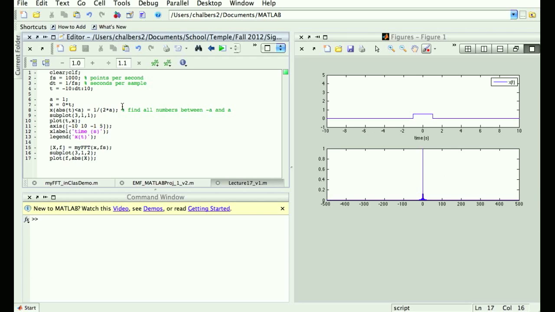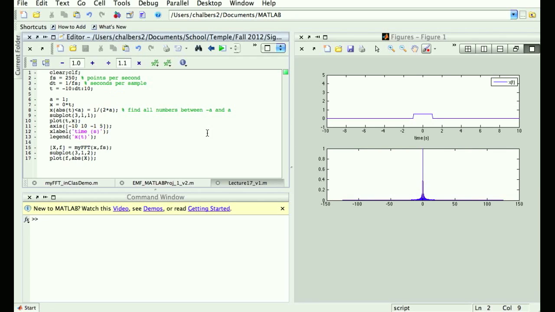What do you think would happen if I made my Fs equal to 2,000? What would be my frequency axis now? Yeah. Minus 1,000 to 1,000. What if I made my sampling frequency, I don't know, 250? Minus 125 to 125.